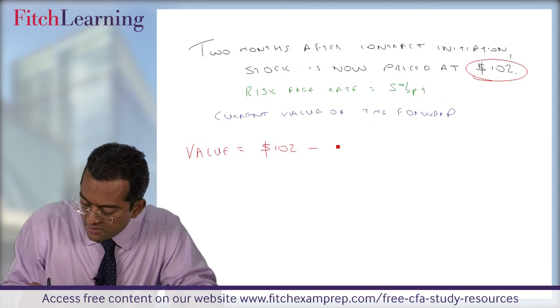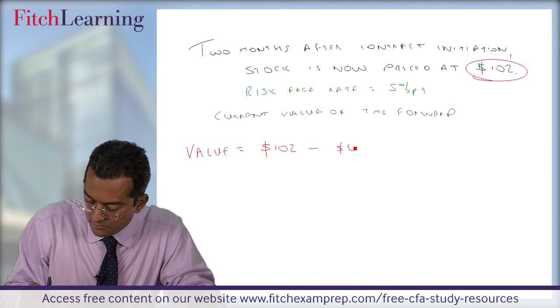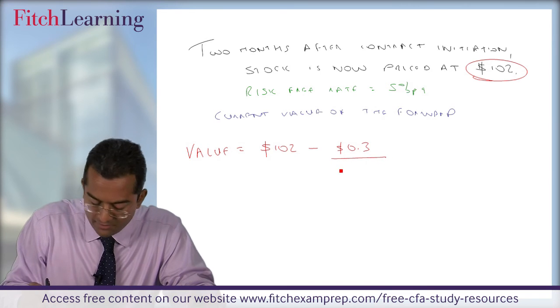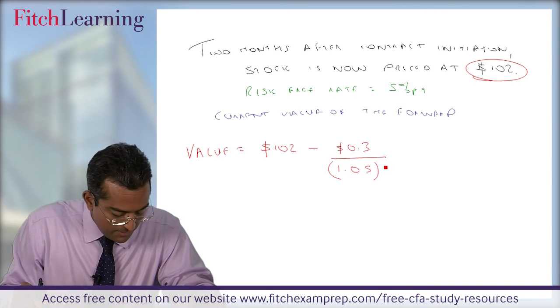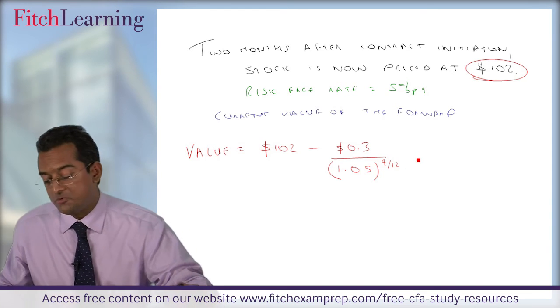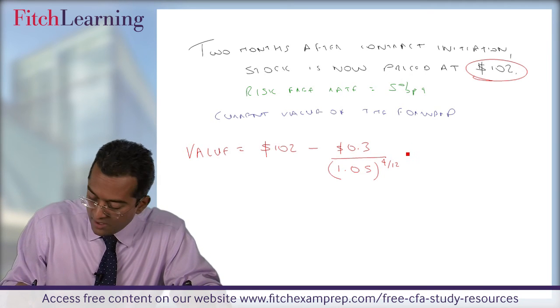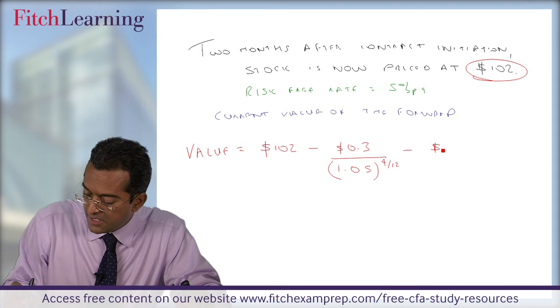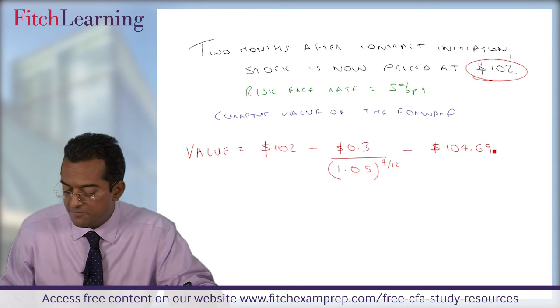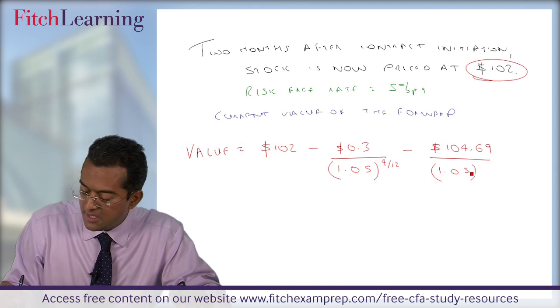So let's discount our 30 cents by 4 months over 12, or a third if you prefer to simplify. We are also going to net that off with the present value of the forward price, roughly 104.69, also discounted at 5%.